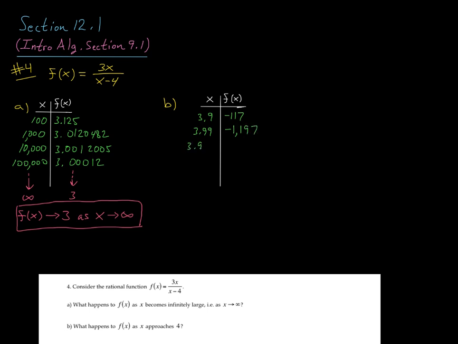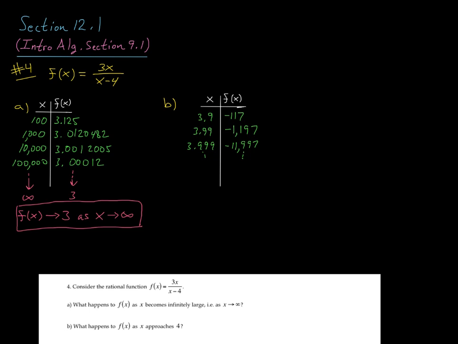If you plug in 3.999, so I'm inching closer and closer to 4 from the left, I'd get minus 11,997, and so on and so forth. If I keep tacking on a 9 for the x value, I can see that the output y values for f of x are getting infinitely big, but they're also negative.